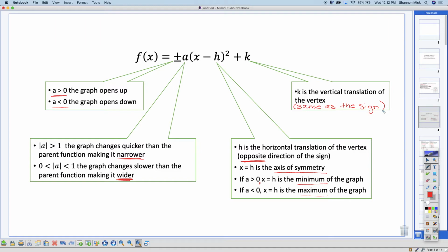This is the last of the big stuff. This is all the information we need. Color coding it looks so much nicer. It doesn't all blend together and get confusing. I can tell the difference between what this and this equals.